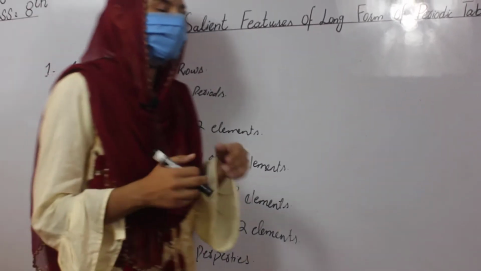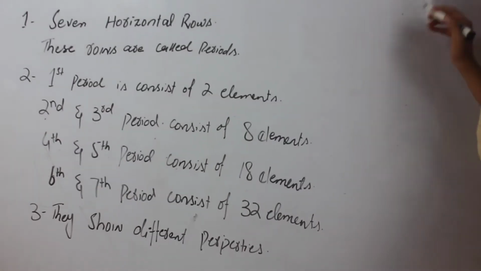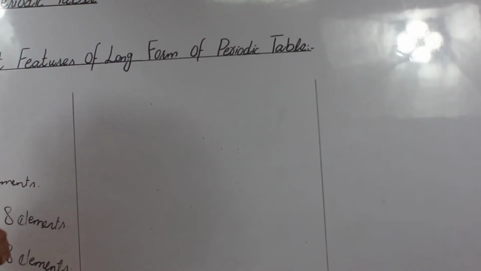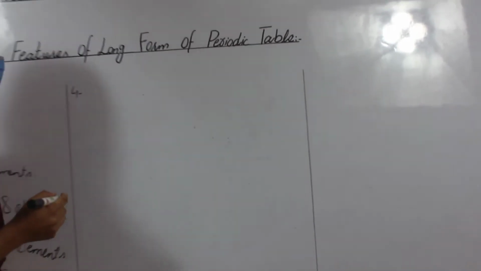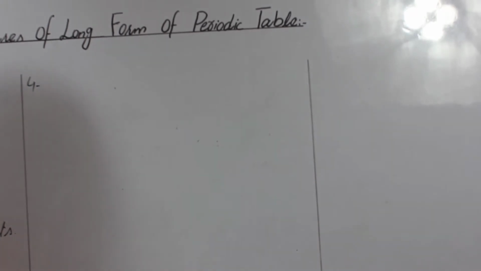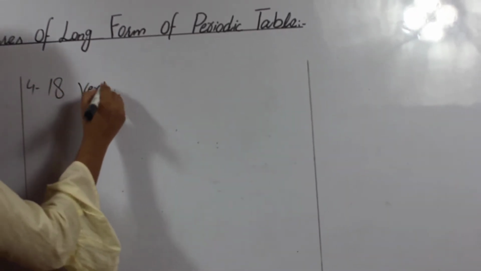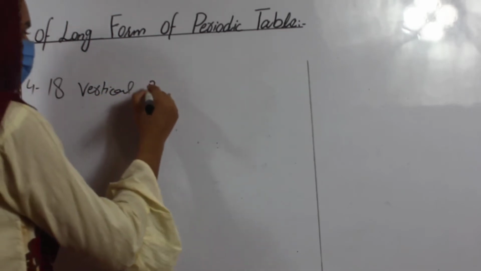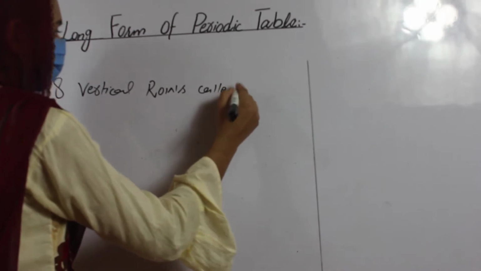The next property, the fourth one, is that the long form of the periodic table has 18 vertical rows. These vertical rows are called groups.